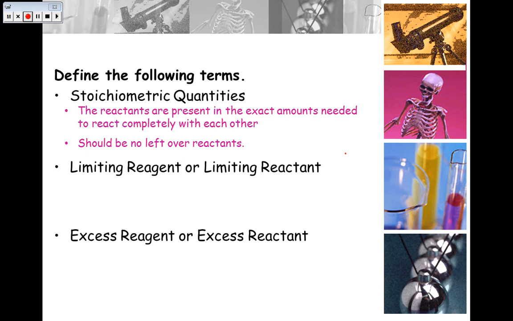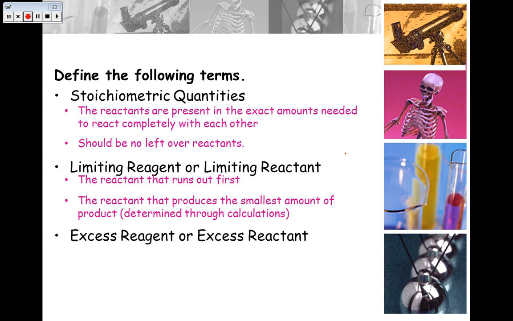Okay, and if you're still writing, I'm just going to click the next one so you can start. For limiting reactant, it's the reactant that runs out first. But it also is the reactant that produces the smallest amount of the product. So if you think back to last week, we would calculate how much of the product we could make.